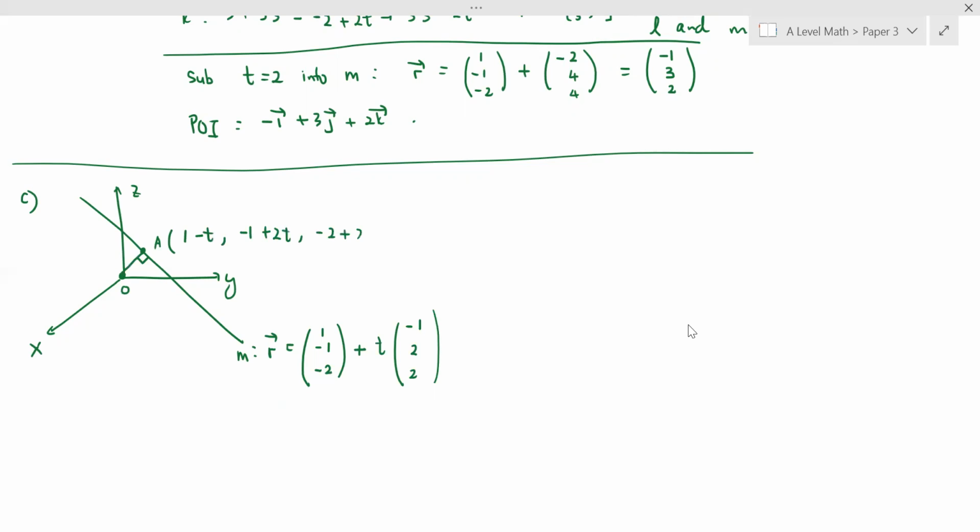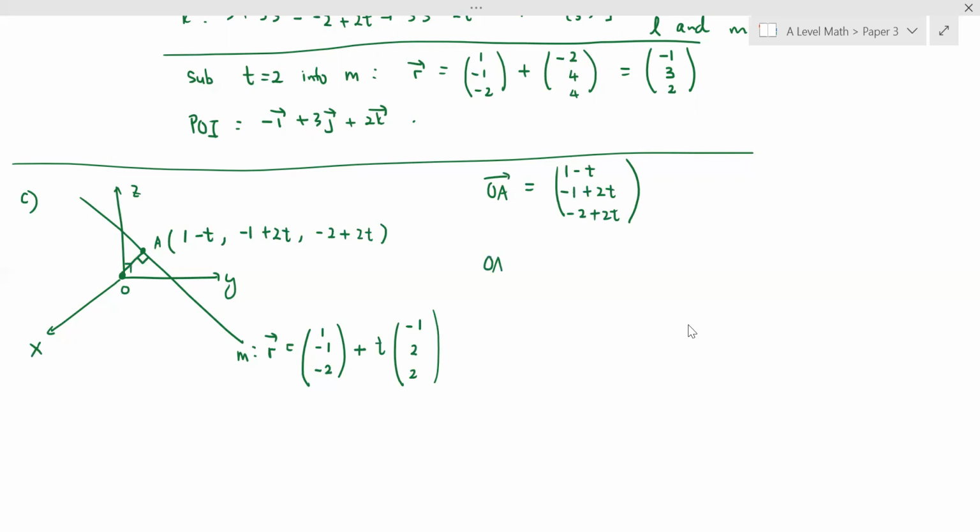And we can form vector OA here. Vector OA is given by (1 - t, -1 + 2t, -2 + 2t).